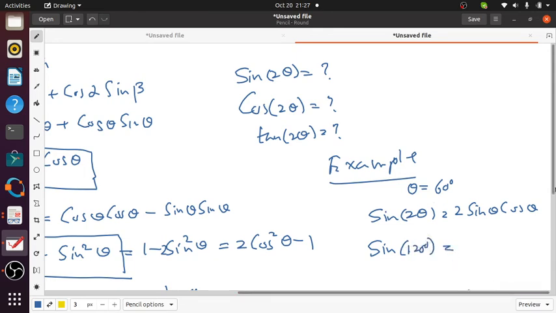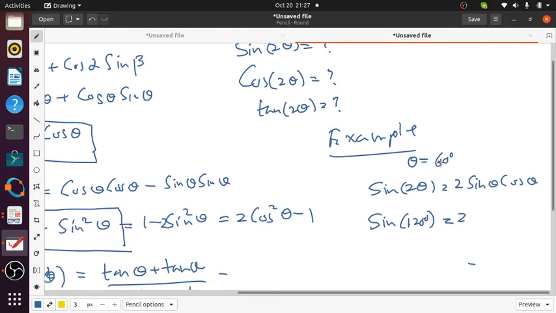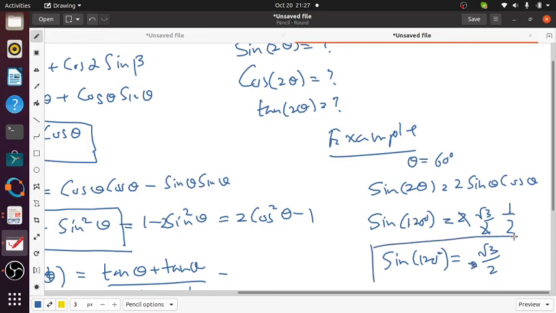When theta is 60, sine 60 is root 3 by 2, cos 60 is half, right? So the 2 and the half cancel, and we are left with root 3 by 2. So that is sine 120.